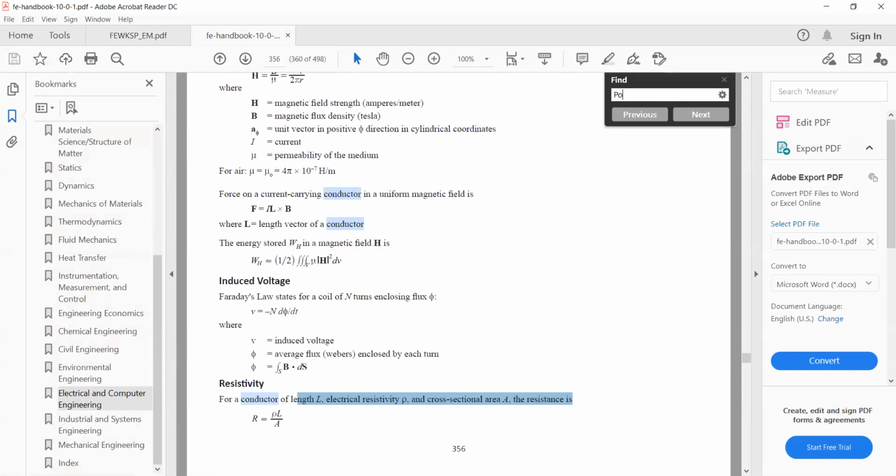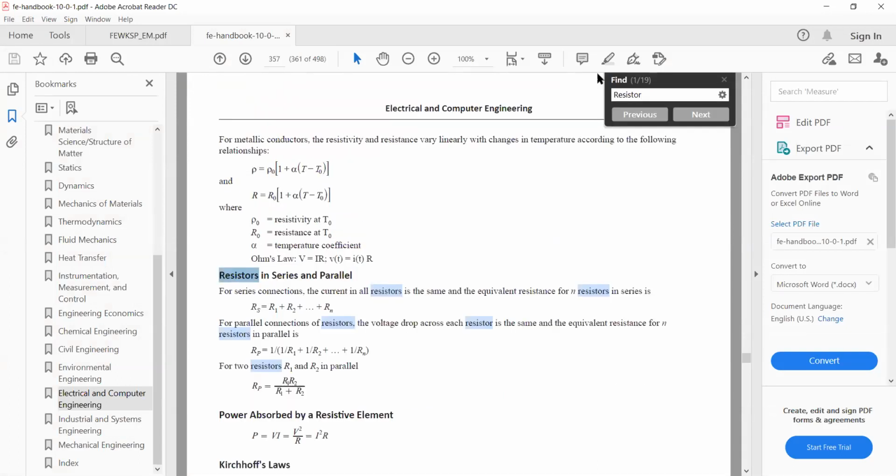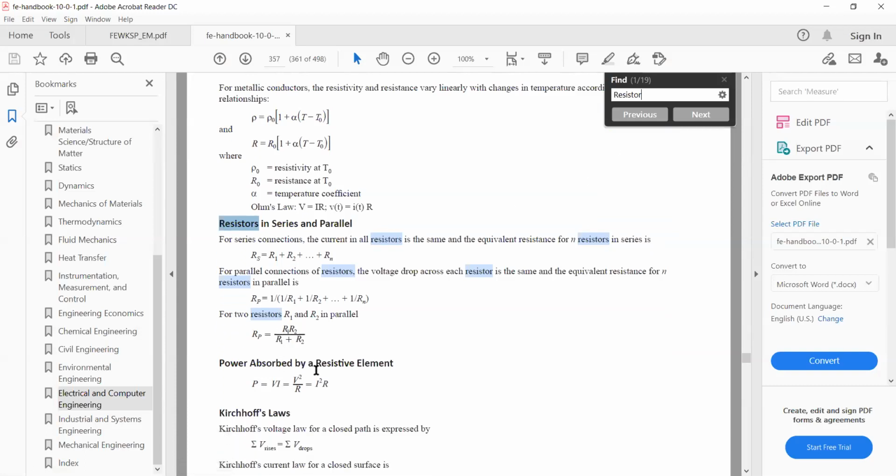So we want power, right? Power. There's a lot of powers. Maybe we can make it a little more easy to find. Let's look up resistor. A lot fewer of those, right? Well, look at that. We have it already. Power absorbed by a resistive element.